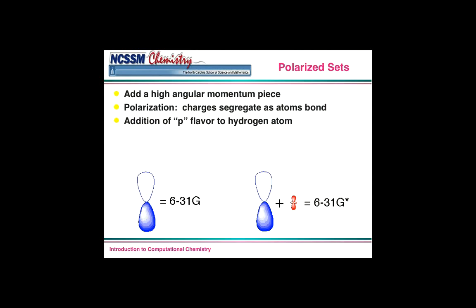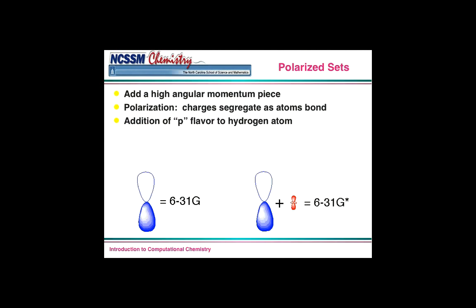If you recall, hydrogen has 1 electron, so it's a 1s1 electron configuration. But that single electron in hydrogen is mostly in an s orbital, and there's a little bit of it that's also in a p orbital. So maybe 0.8 of the electron is in the s orbital, and 0.2, or 20% of the electron, is in the p orbital.